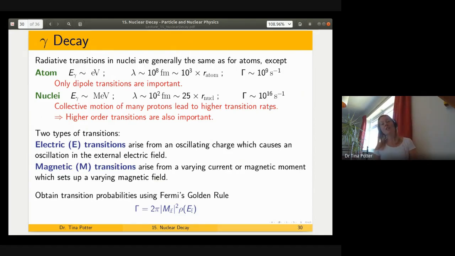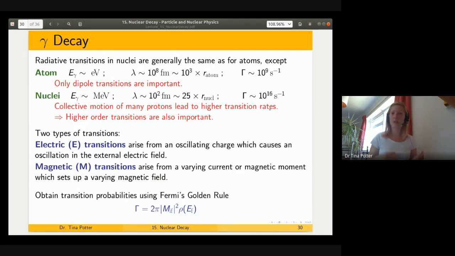The electric transitions come from oscillating charges, setting up an oscillation in the external electric field. So basically, it's all about the protons. Whereas the magnetic transitions arise from some varying current or magnetic moment from the neutrons, and that sets up a varying magnetic field.